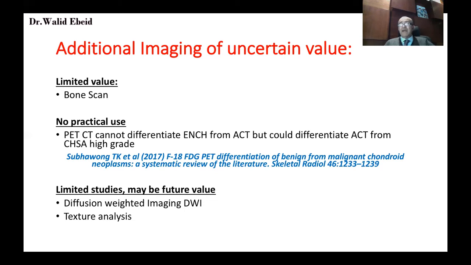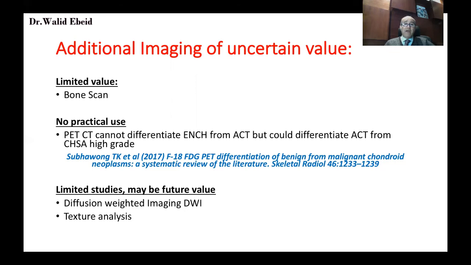However, it has no practical use because the differentiation between atypical cartilage tumors or active enchondromas that require extended curettage versus chondrosarcomas could be done fairly easily with the MRI and X-rays. Lesions that have a soft tissue extent or a breakthrough or expansion are obviously chondrosarcomas. You don't need a PET scan to tell you this piece of information.